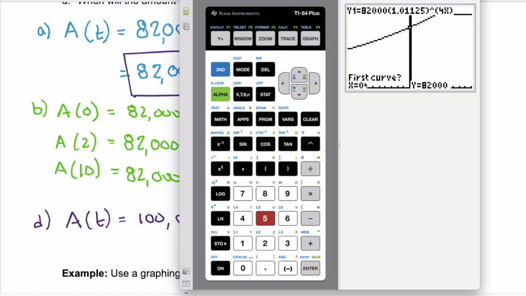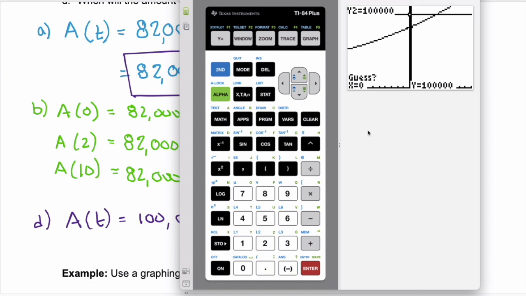You have to answer a couple of questions first. At the top, it's showing your equation, and at the bottom, it's saying, is this your first curve? Well, this is when I like to check and make sure that I actually entered my curve in correctly. I did, so I'm going to hit enter that yes, that's my first curve. Then we're shown a different equation and asked, is that our second curve? Yes, our second curve is 100,000, so I'll hit enter. Then it says, do you want me to guess? Yes, of course I want you to guess because I don't want to do that math by hand.